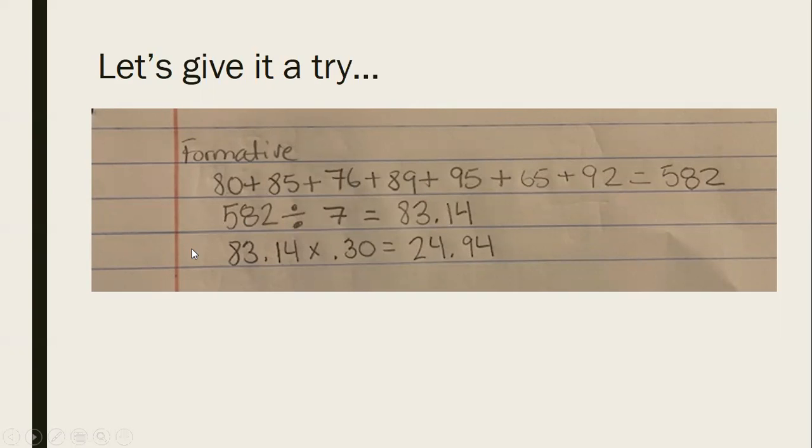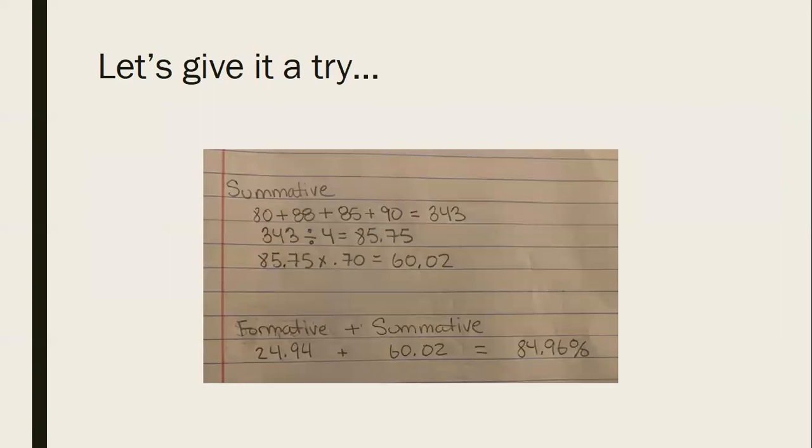We have to take that 83.14 and multiply it by 30% because it's a formative grade, and then we get 24.94. We did the same thing for the summative portion. We took the 80 plus the 88 plus 85 and 90, we got 343. We took the 343 and we divided by 1, 2, 3, 4 summative grades.